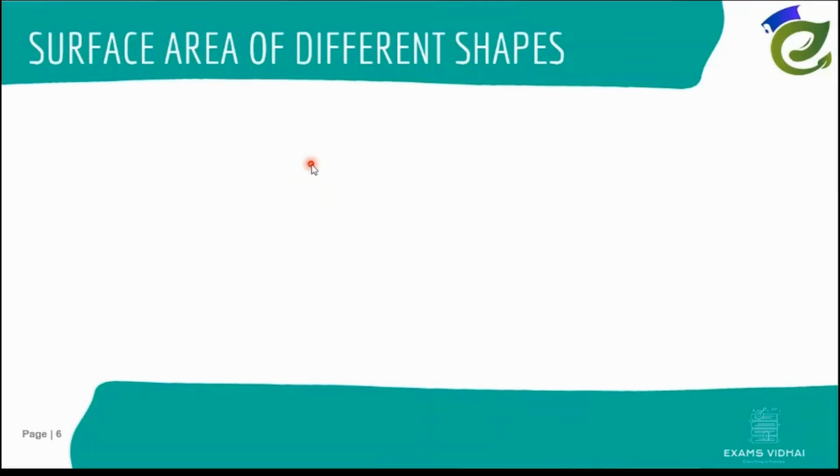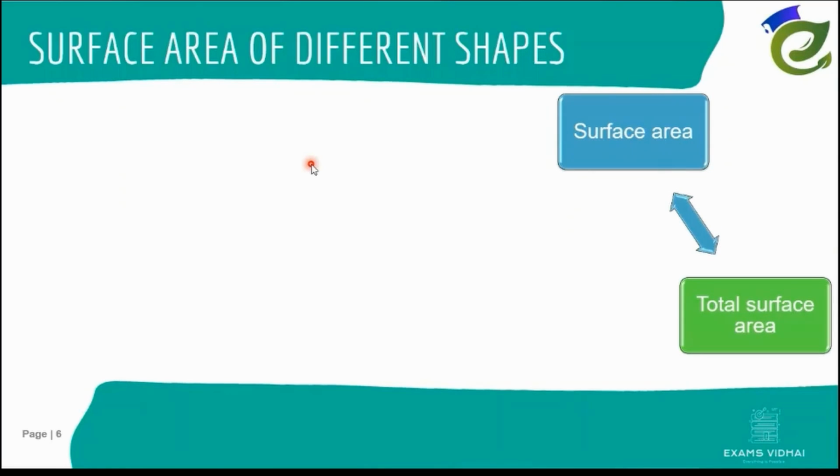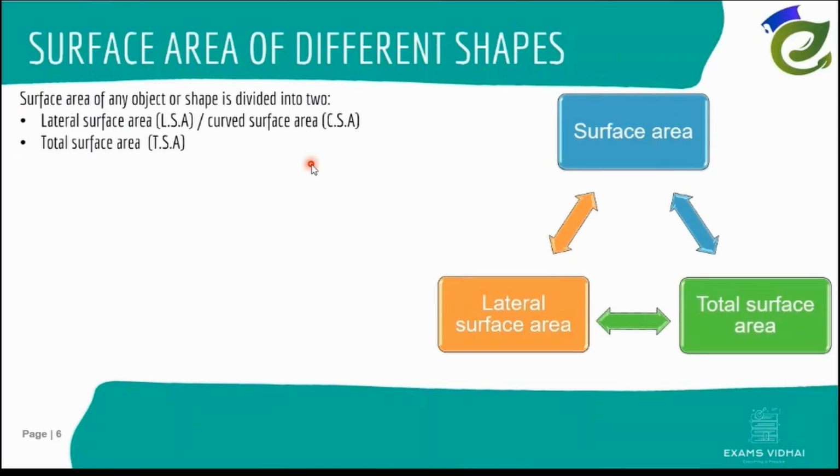So let's see about the surface areas of different shapes. So basically, surface area is divided into two: lateral surface area and total surface area. Lateral surface is nothing but the normal surface area of any solid object or 2D shape.